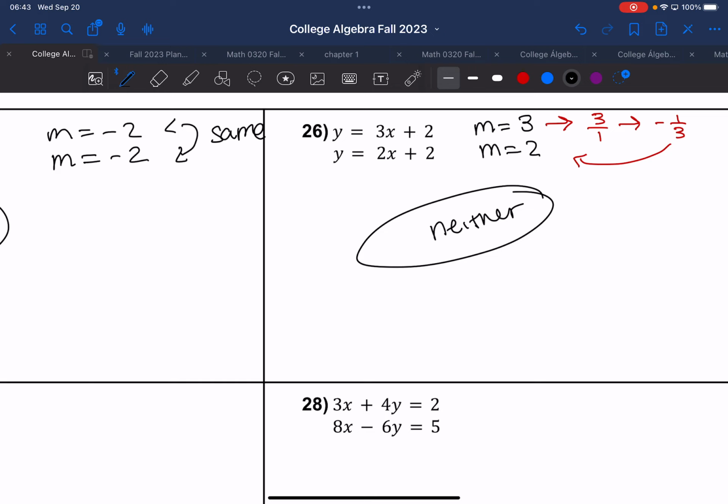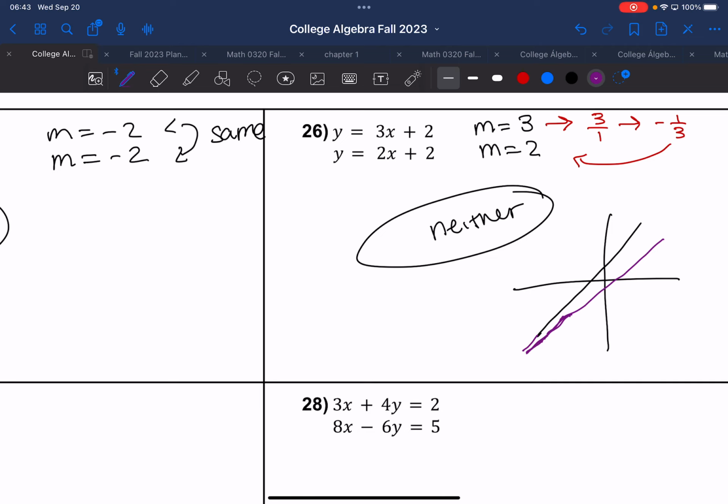How would that look on a graph? It would look like two lines that never cross at a point. They keep going, but the slopes are a little off, so they're not parallel. And they don't ever cross at a 90-degree angle, so they're not perpendicular.